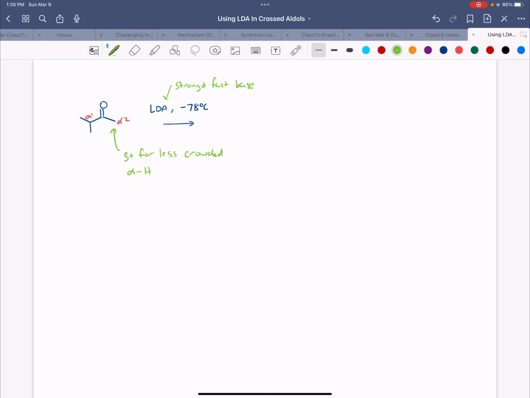Okay, so it's the one on the methyl group. And therefore, let me draw what we get. You should be drawing just the kinetic enolate. We call this the kinetic because it's the enolate that's made faster. It's going to be the one on the right, the double bond on the right. So this is called the kinetic enolate.